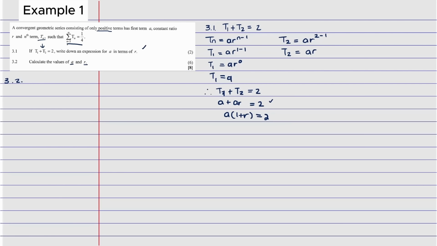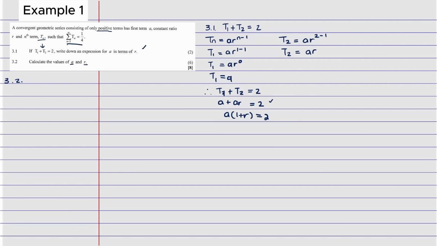But here, what did they give us? They already gave us that this is 2, from the information. And they also gave us this: do you see that this starts from 3 till infinity, and it is 1 over 4. So they already gave us from T3 going to infinity, and they said this is 1 over 4.